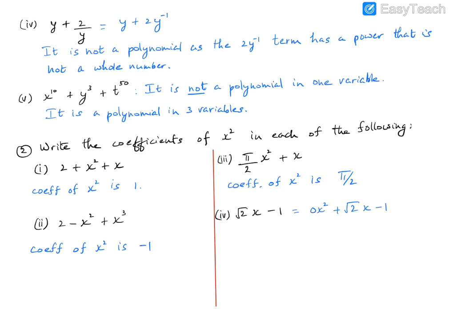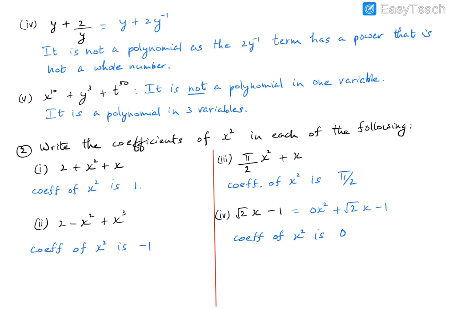So 0x squared, there are 0 quantities of x squared terms in this expression, and the coefficient of x is root 2 and the coefficient of x power 0 is minus 1. So the coefficient of x power 2 is basically 0 here. So we can write that as the coefficient of x squared is 0.